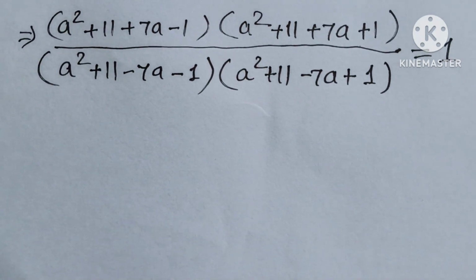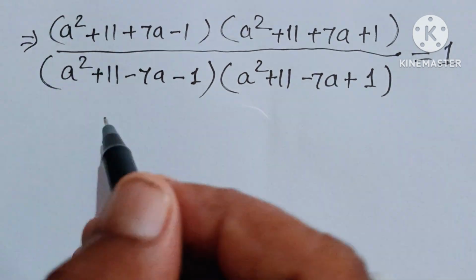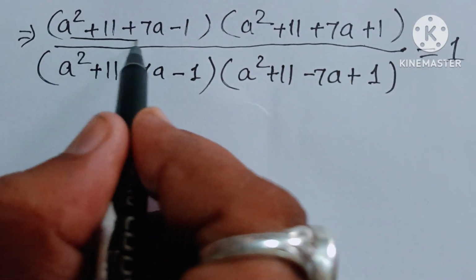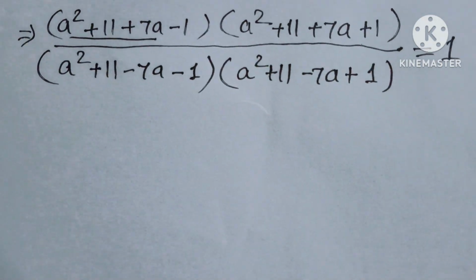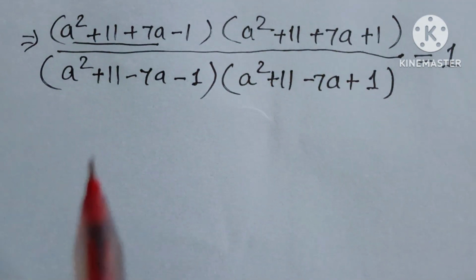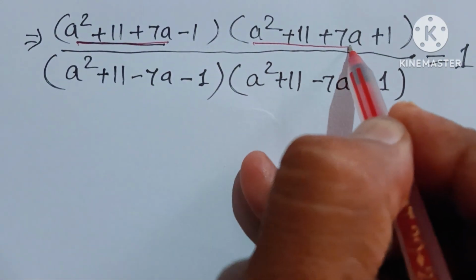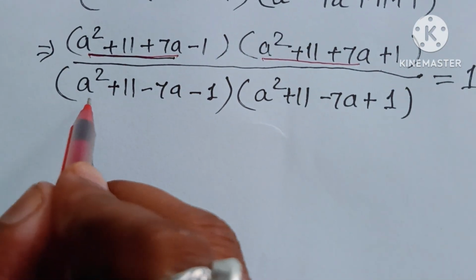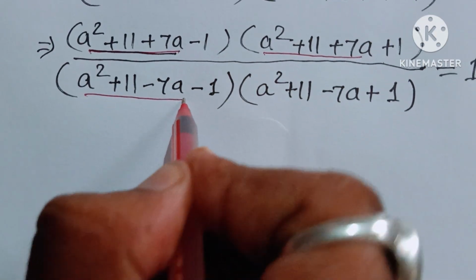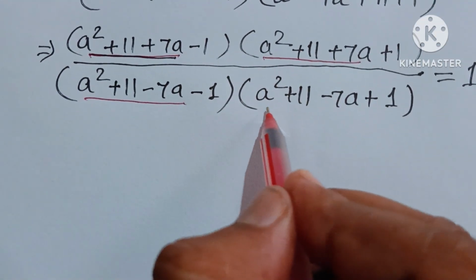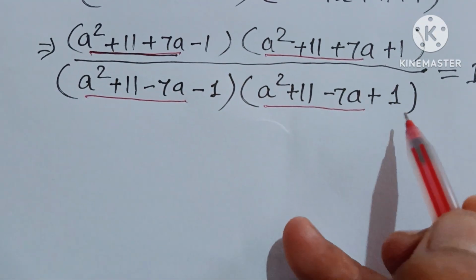Now we have to consider this as a square. This is minus b, and this we consider a plus b. This we consider a minus b. This we consider a plus b.